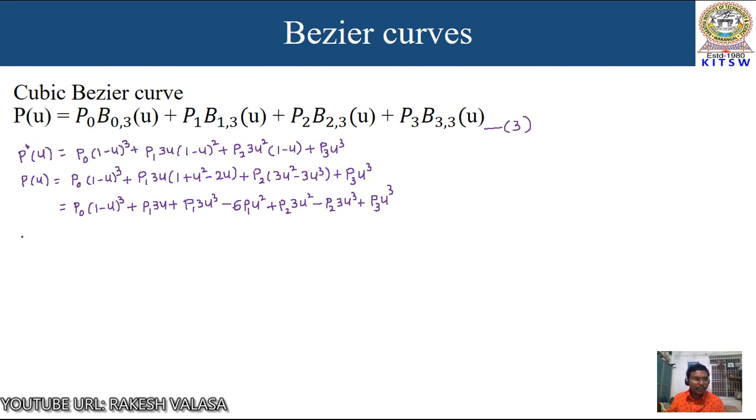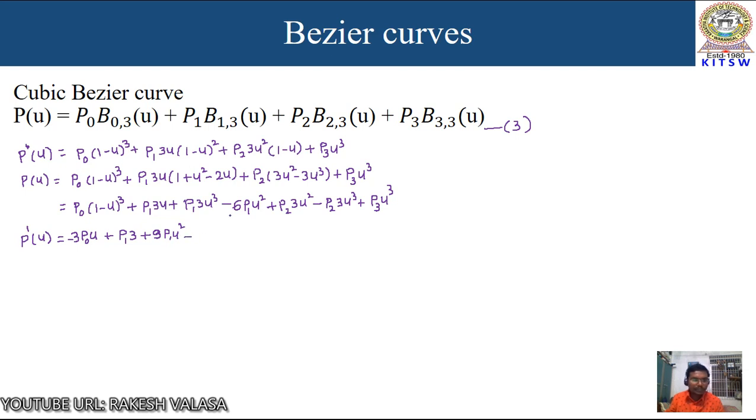Now differentiate this above equation with respect to this parameter, that is p dash of u equal to: here differentiate this term, 3 p naught u. U derivative is minus 1, so you can put minus before 3 p naught u, minus 3 p naught u, plus p1, 3u derivative is 1, plus 3 constant. u cube derivative is 3 u square, so 3 into 3, 9 p1 u square.